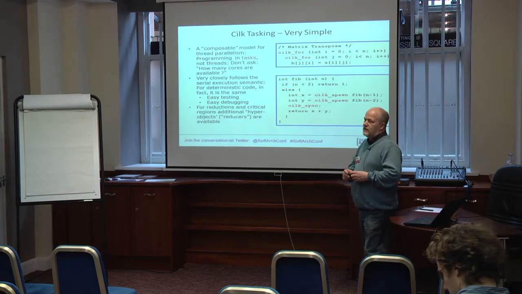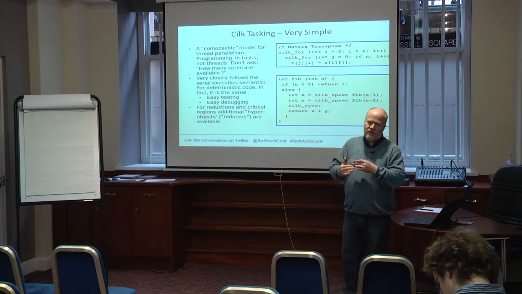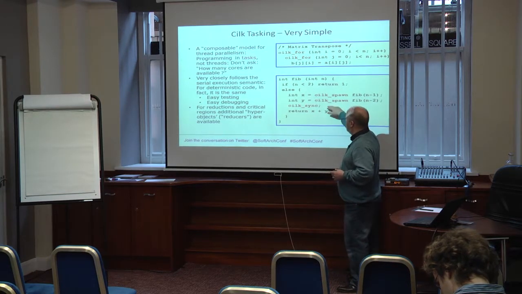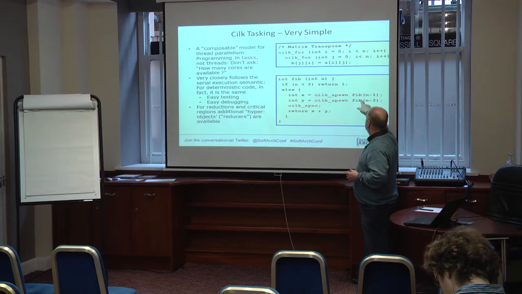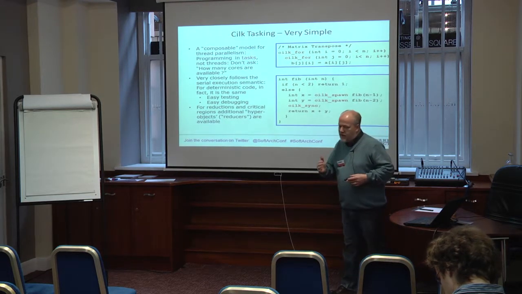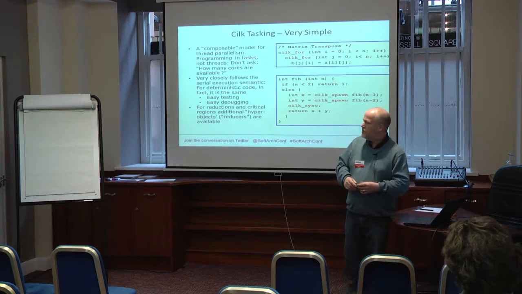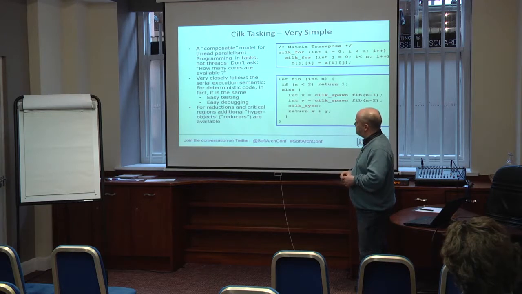It's saying the code on this line and the code that continues underneath can be run in parallel, until you come to the sync point here. This is a recursive call of Fibonacci, and the runtime will decide if there are workers available to run some of those iterations in parallel.